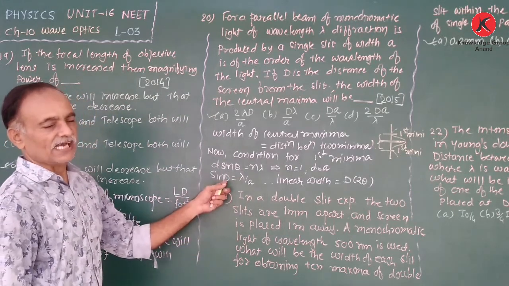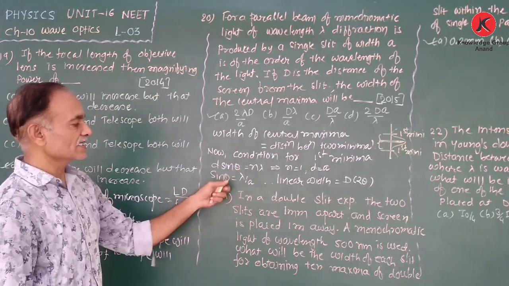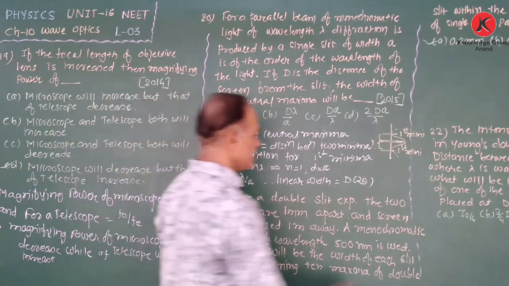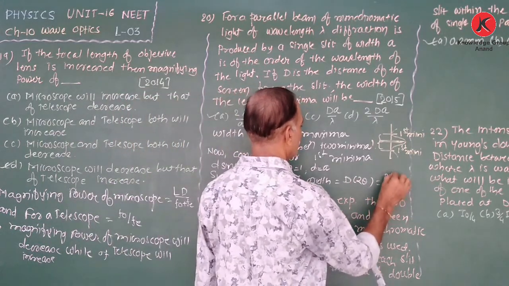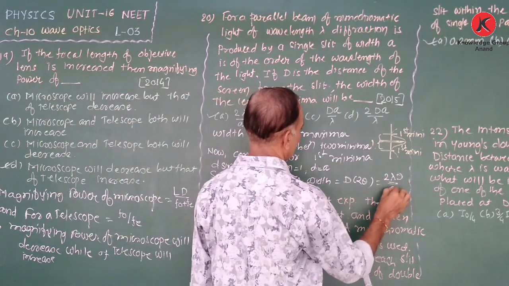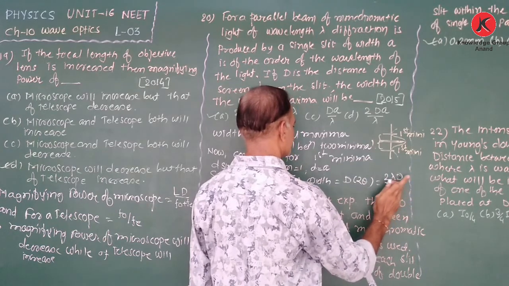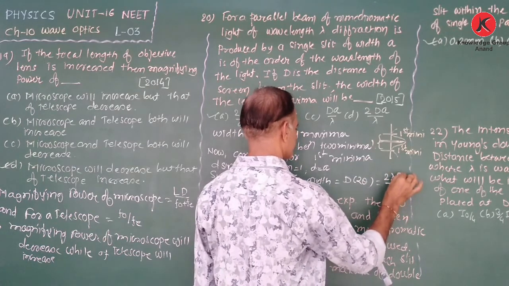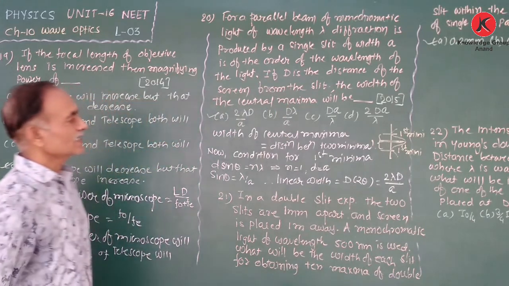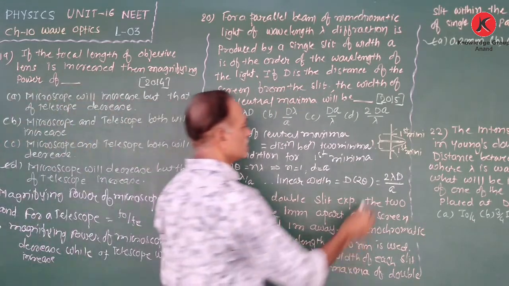Since theta is very small, we can consider theta equal to lambda upon a. Therefore, the width is 2 lambda D upon a. That is our answer, 2 lambda D upon a.